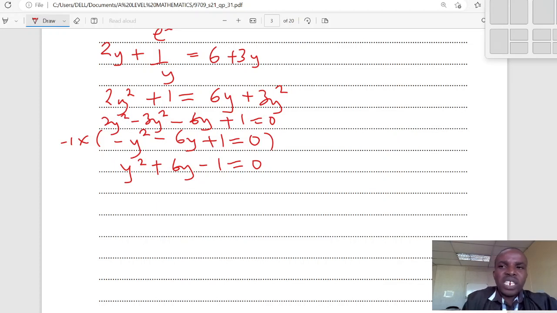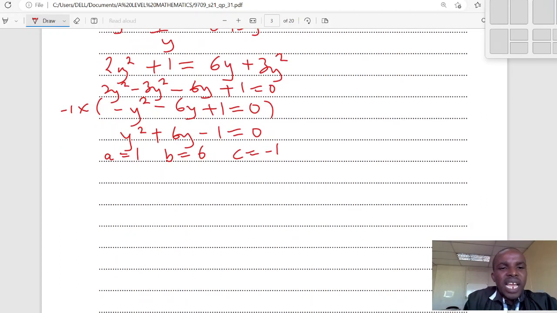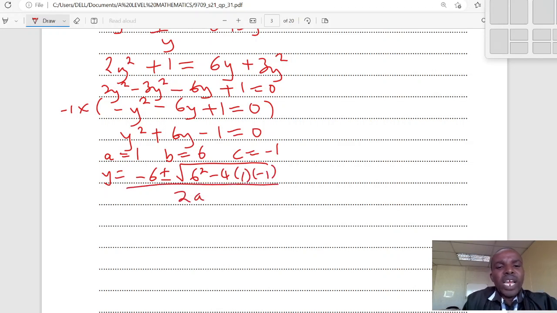So using the quadratic formula, I can say my a is equal to 1, my b is equal to 6, my c is equal to negative 1. Then I can say y equals minus b, which is minus 6, plus or minus the square root of b squared, minus 4ac, where a is 1 and c is negative 1, all over 2a, which is 2 times 1.